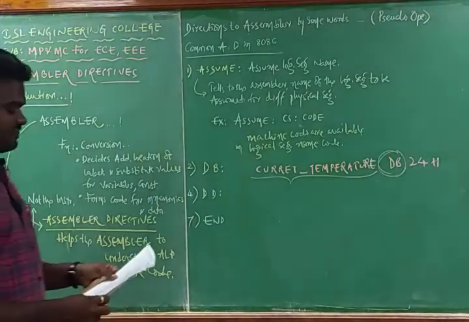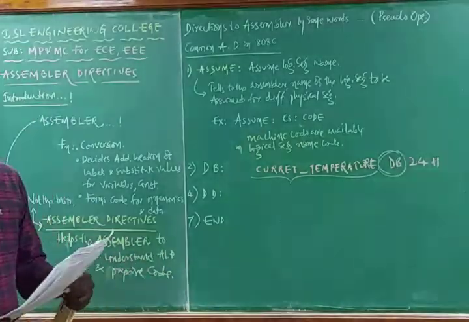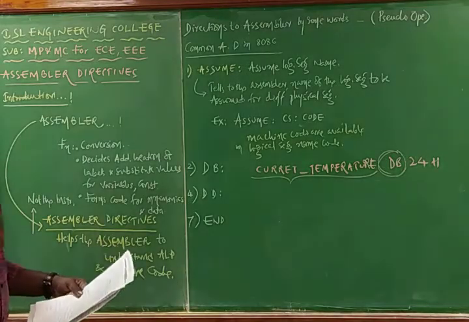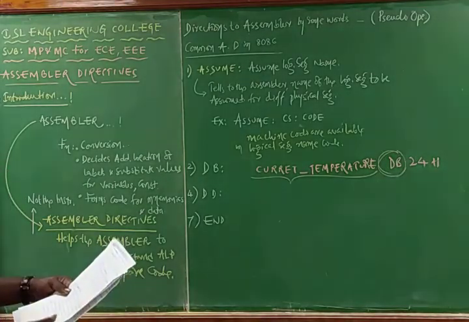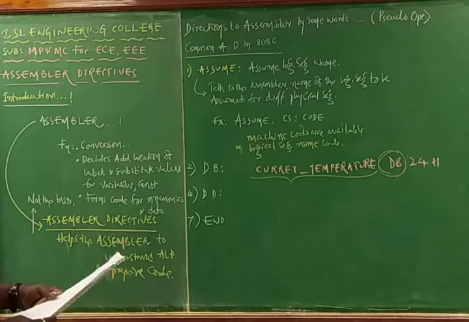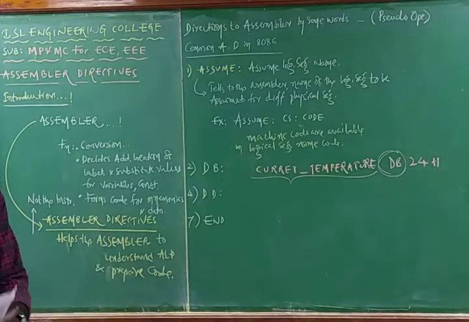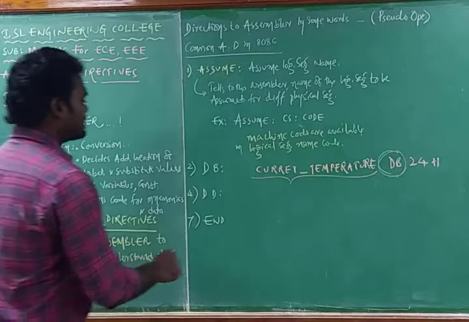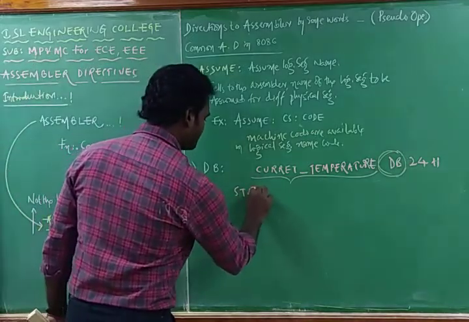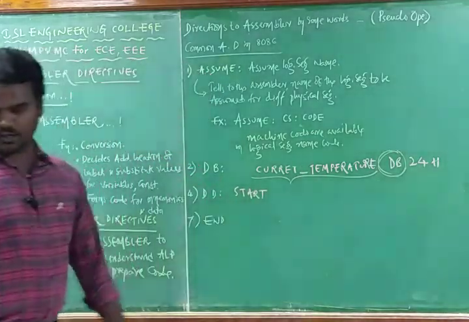define quad word. Define quad word is a directive used to direct the assembler to reserve 4 words, that is 8 bytes. 4 words is nothing but 8 bytes, so let us go with the example, start.